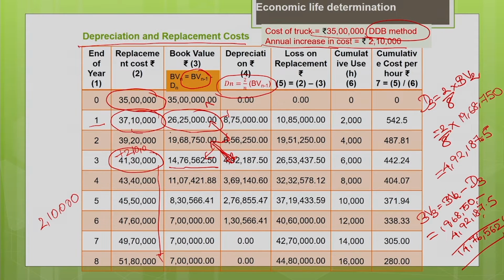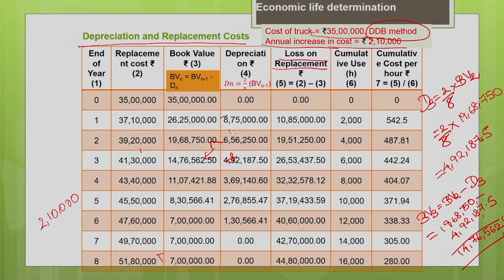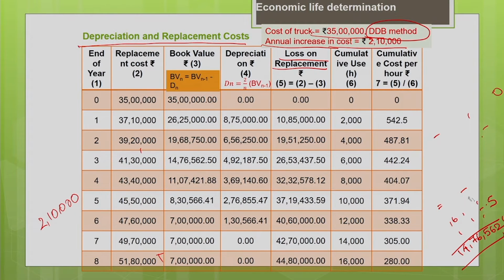If you subtract both of these, you can find the loss on replacement. Basically, at the end of the first year, if I wanted to replace, the cost of the machine is 37,10,000. Due to inflation, from 35 lakhs it has increased by 2,10,000.